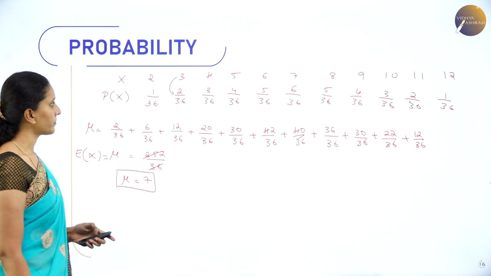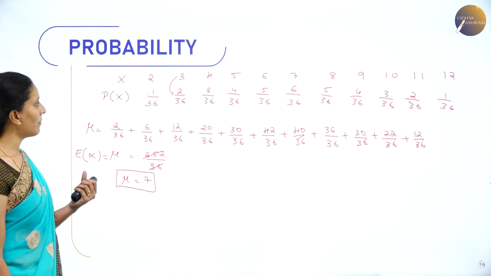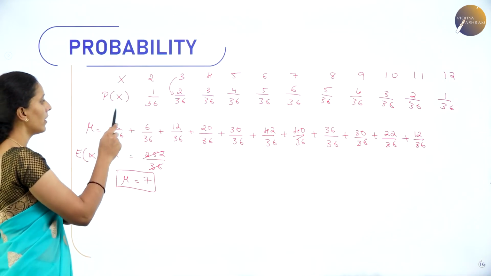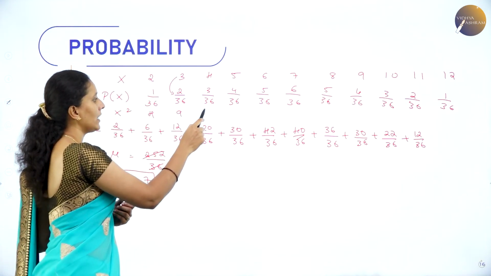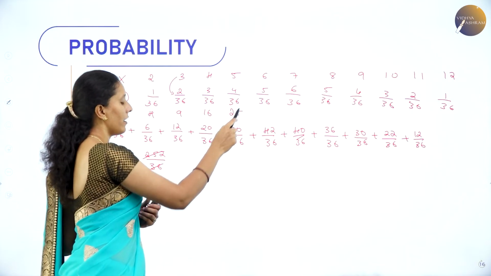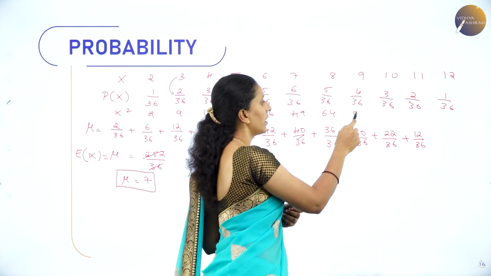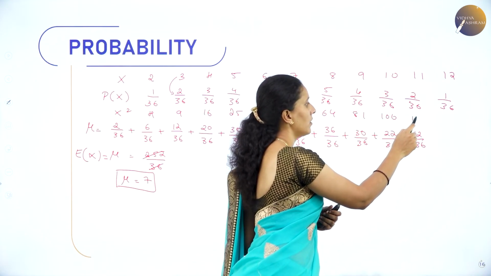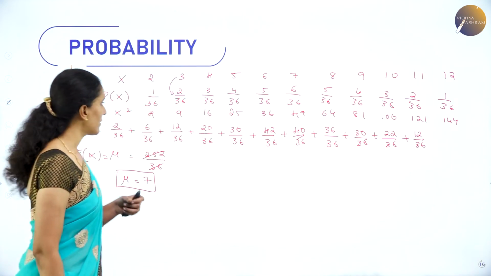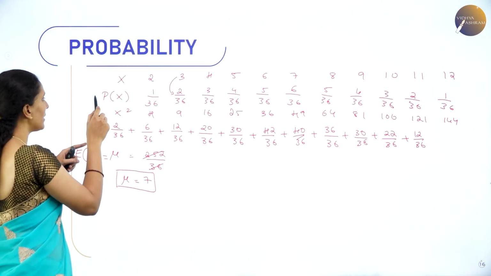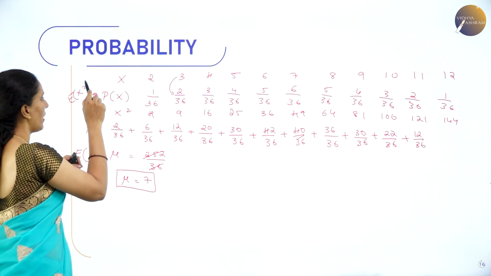So let's write x square and then multiply with their corresponding values. x square means 4, 9, 16, 25, 36, 49, 64, 81, 100, 121, 144. So this is the x square. Now if you multiply these two, you will get E of x square.